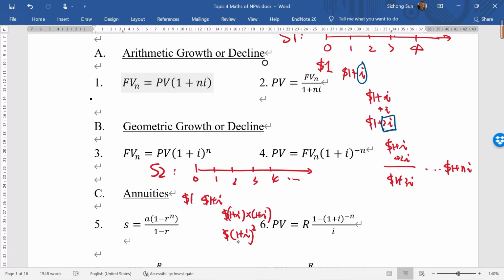Okay, that's in year 2. In year 3, similarly, I leave the interest payment in the bank. So in year 3, I get (1 plus i) raised to the power 3, so on and so forth. So in year n, I get (1 plus i) raised to the power n.